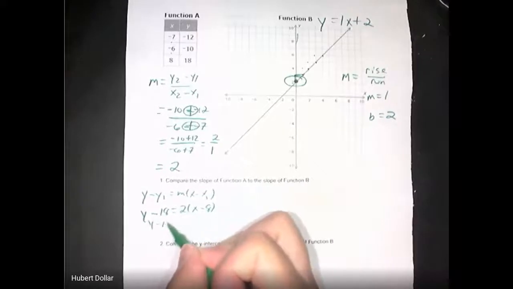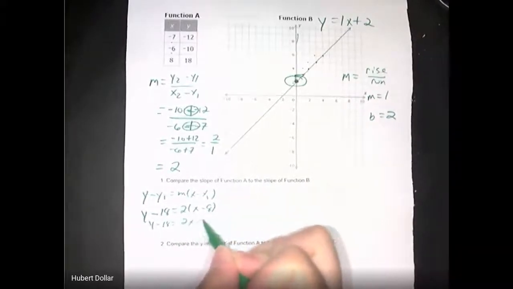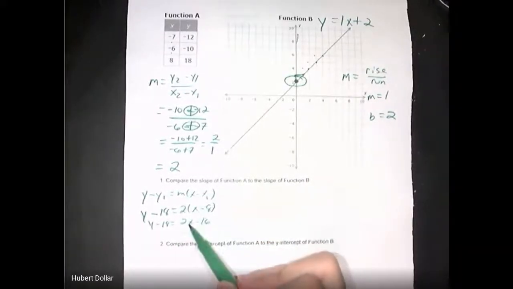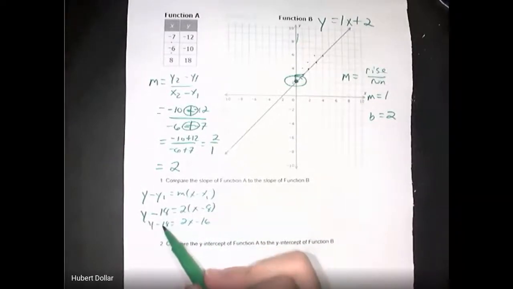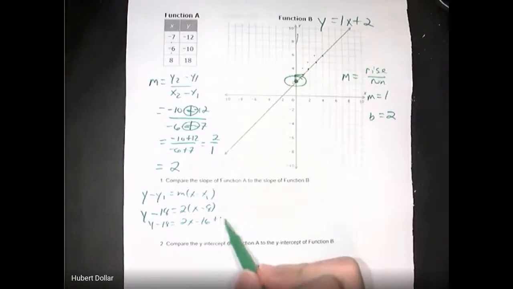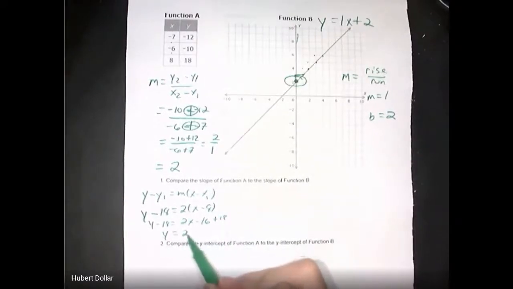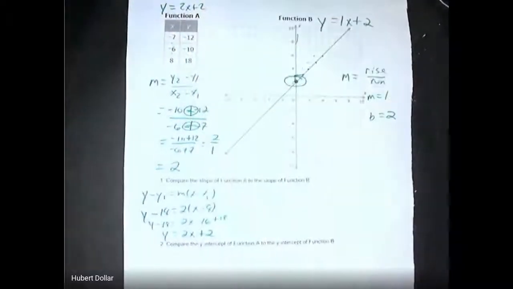So that is y minus 18 equals 2x minus 16, because 2 times x is 2x, and 2 times negative 8 is negative 16. The opposite of subtracting 18 is to add 18, so I have y equals 2x plus 2. So the equation for function a is y equals 2x plus 2.